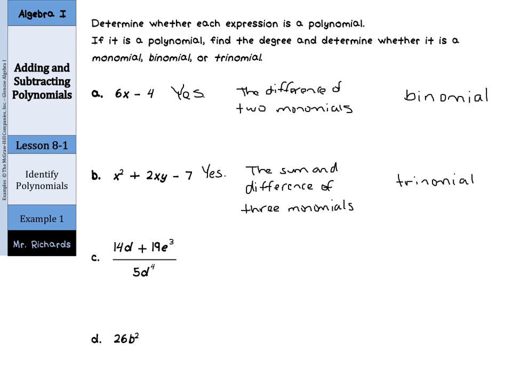What about 14d plus 19e cubed, all divided by 5d to the fourth? Well, these are not monomials, so this is just a no since we have the quotient there. And so really nothing else to write. And 26b squared, well, this is also then yes. There's just one term. And so this is a monomial.